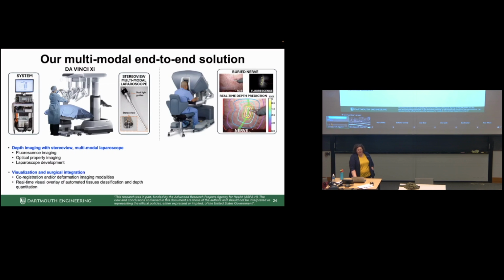And that is what I'll be focusing on as I pass the slide, because that is my contribution to the project. But we're also looking at visualization and interpretation. We're trying to take multiple imaging streams, pre-surgical CT, intraoperative ultrasound, fluorescence imaging, optical property imaging, and feed them into a single readable quantitative value for a surgeon that can be interpreted in real time and guide surgery without any interruptions.